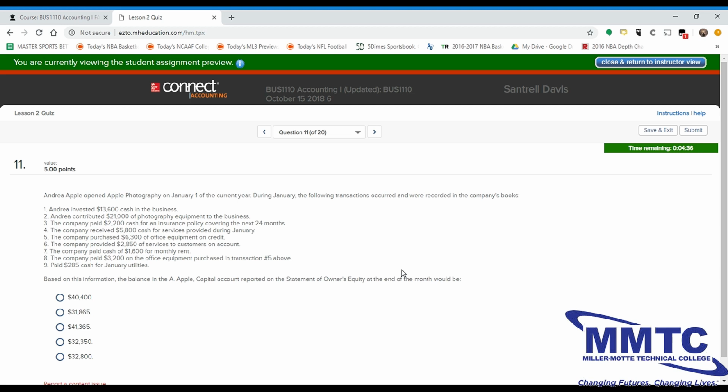And then $285 is an expense, right? The only one in question was that prepaid insurance. It's asking me about owner's capital, not the cash flow report, so I'm not going to add that.